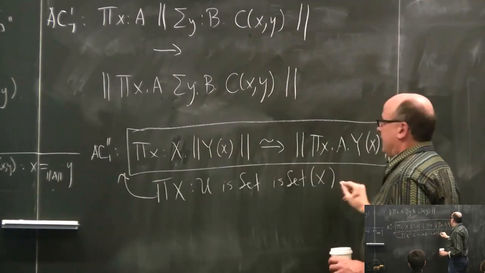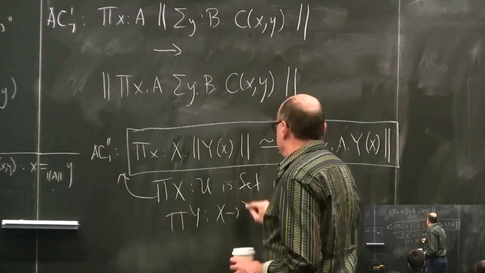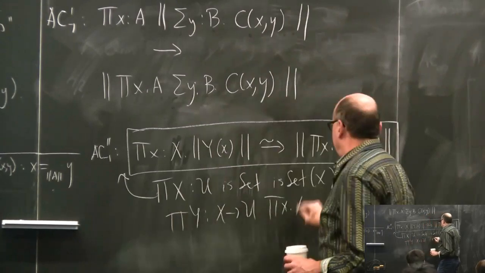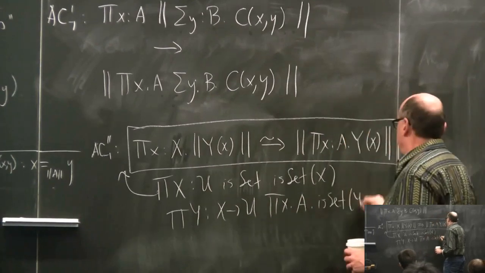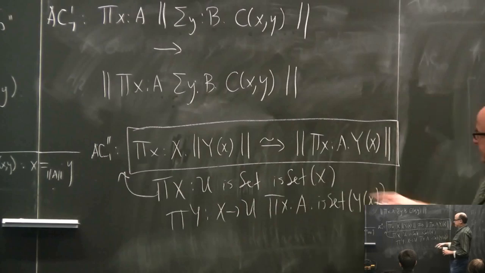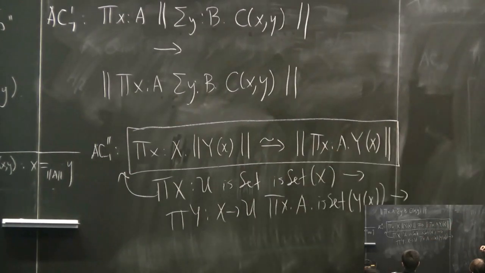And I want to know for every y in x arrow U such that, component-wise, is set y of x. So this arrow is the prefix to that condition.